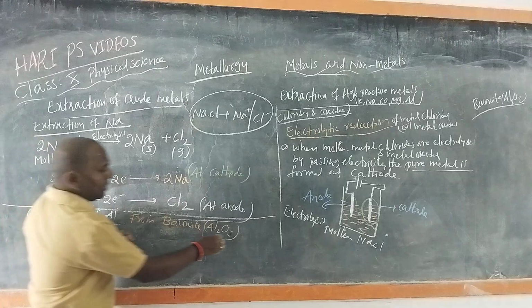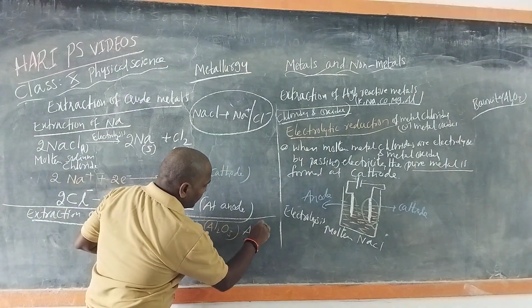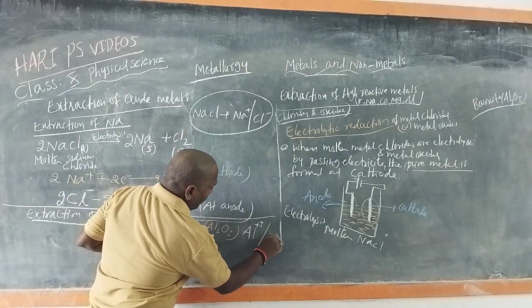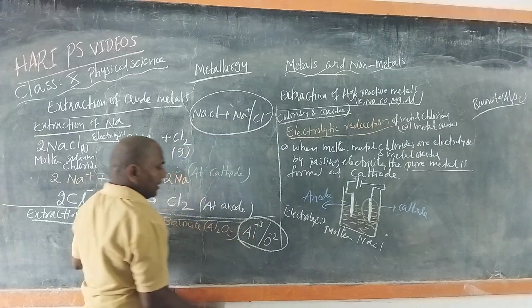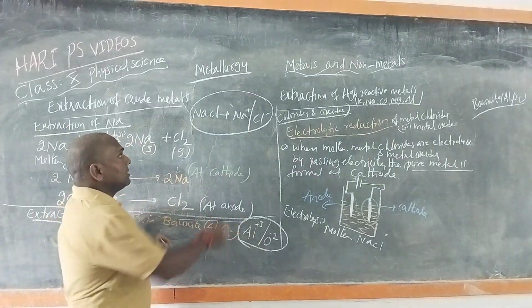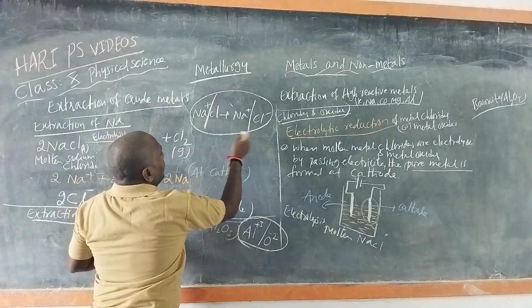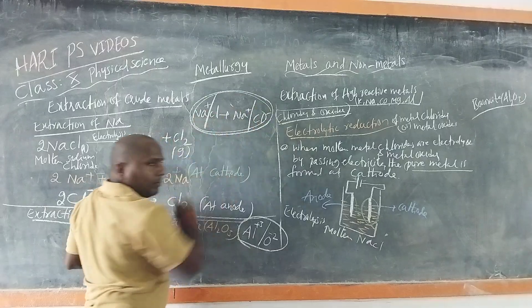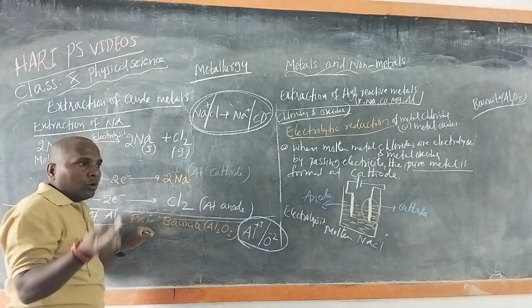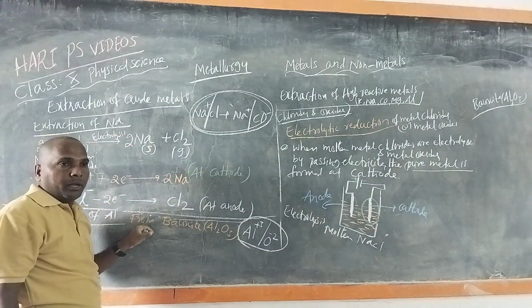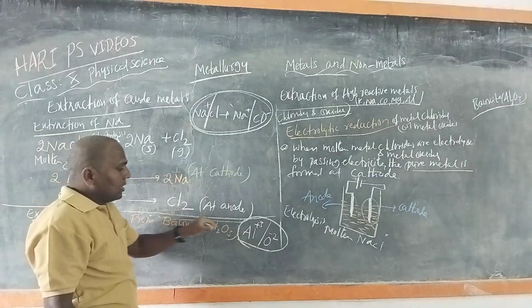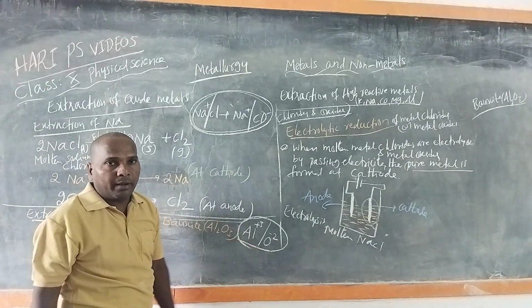Aluminium oxide contains Al3+ and O2- ions, whereas sodium chloride contains Na+ and Cl- ions. So molten aluminium oxide divides into Al3+ and O2- ions.